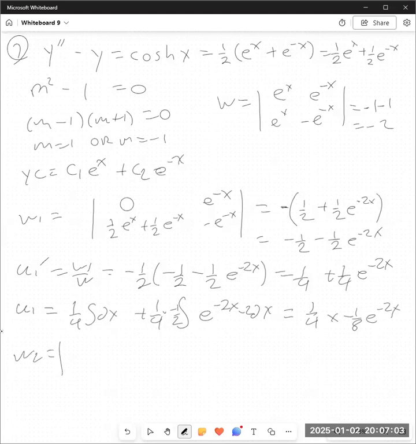W2 is equal to, and so this is going to be 1/2 e to the 2x plus 1/2.